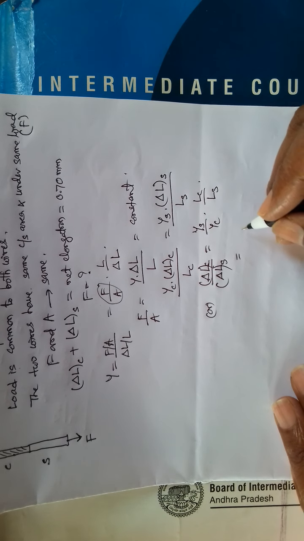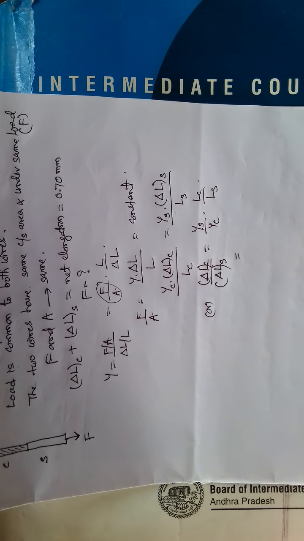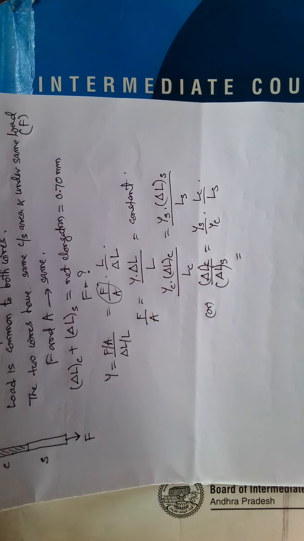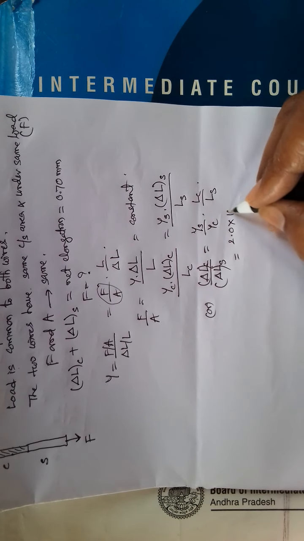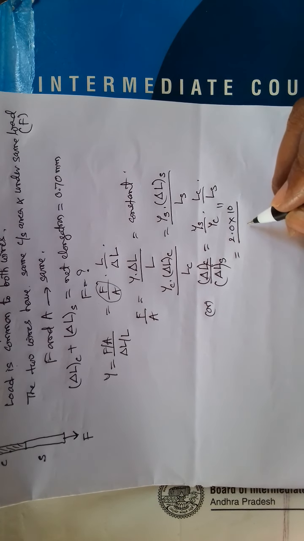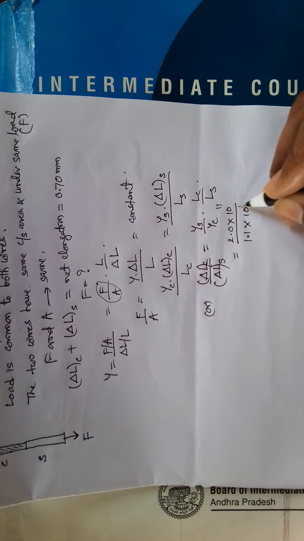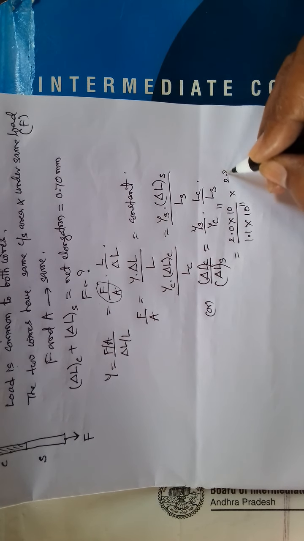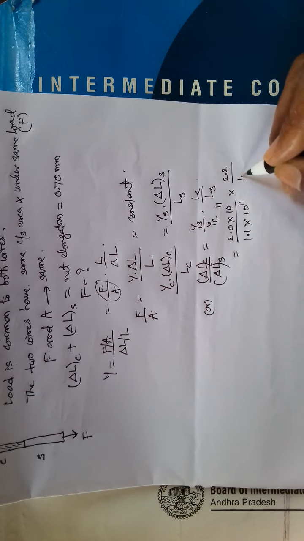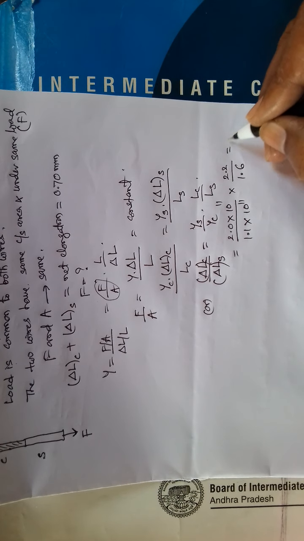Here Young's modulus for steel is 2.0 into 10 power 11, and Young's modulus for copper, Lc, the length of the copper wire is given 2.2, and for steel 1.6. So by substituting you get 2.5.